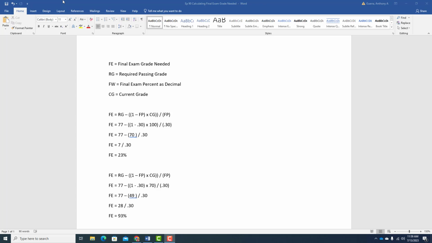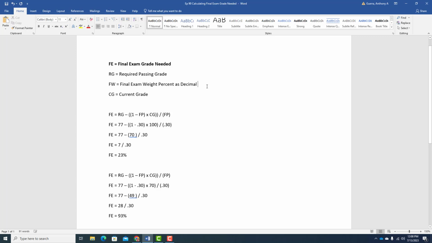So first we'll calculate what final exam grade we need, and to do that, we first need to know what the required passing grade is. And this is usually set by your program, okay? Then you want to know the final exam weight as a percent as a decimal.